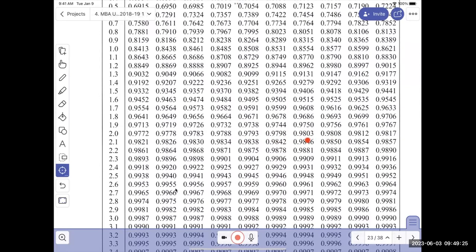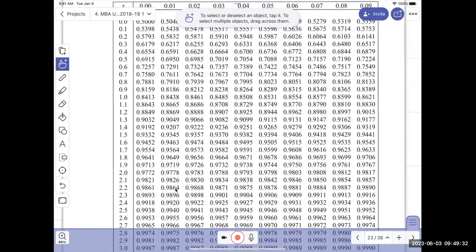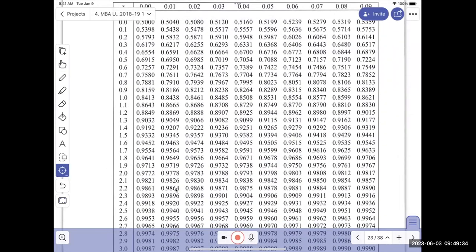So it's closer to this side, and that corresponds to 2.06. No, it's closer to this one. Well, no, it's closer to 0.9803, right? No, as this is 0.0002 and this is 0.0003. But you still get roughly the same answer anyway.